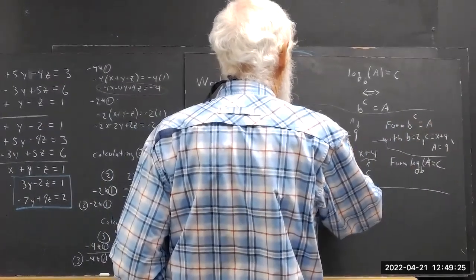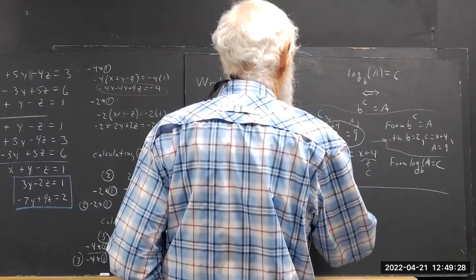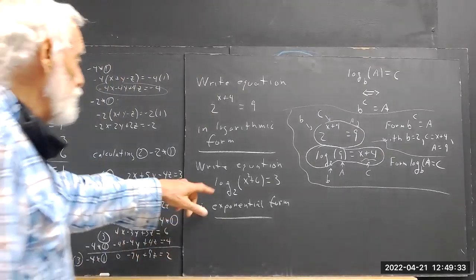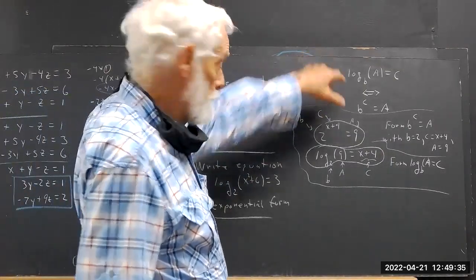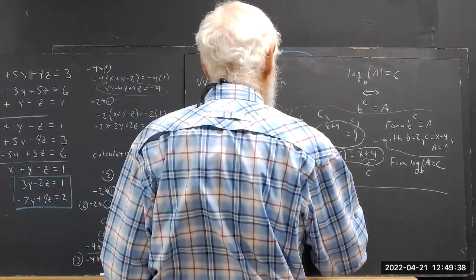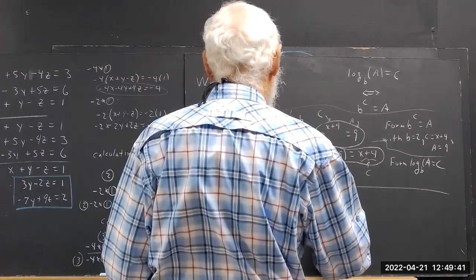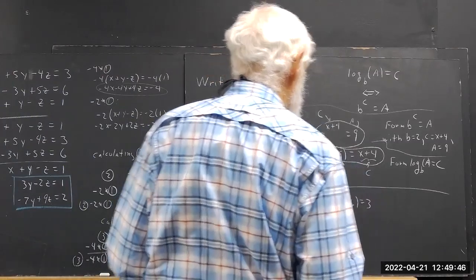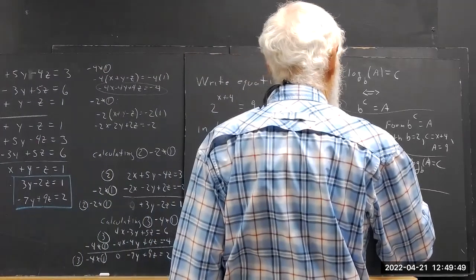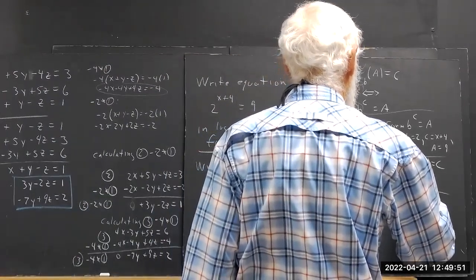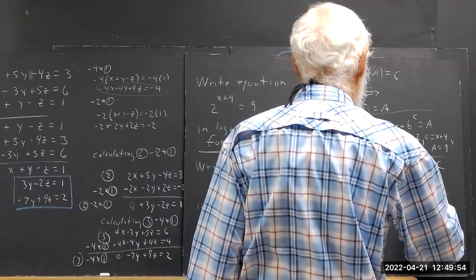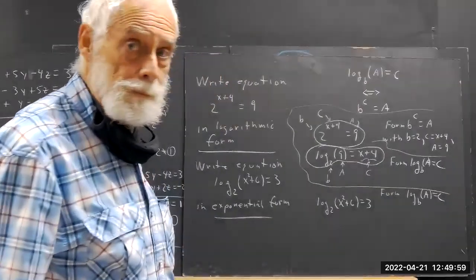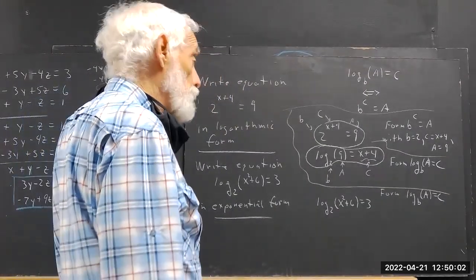So there's your equation. And there it is in logarithmic form. This equation is in this form. So we write log base 2 of x squared plus 6 equals 3. Well, that's form log base B of A equals C. Okay, and what's B?